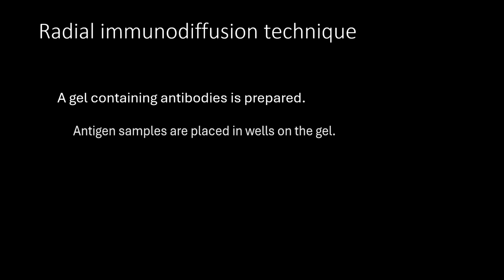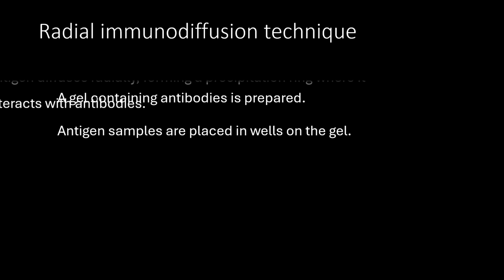Radioimmunodiffusion is a special type of precipitation reaction. There are two important samples: an antibody which is prepared on a gel, and an antigen sample, mostly found in the patient's blood plasma. This plasma is poured on a gel containing the antibody.